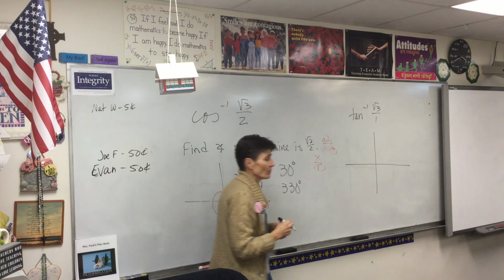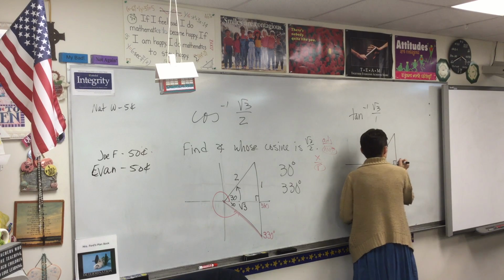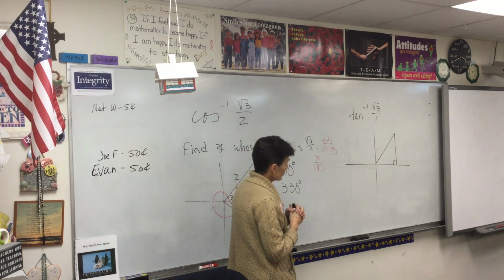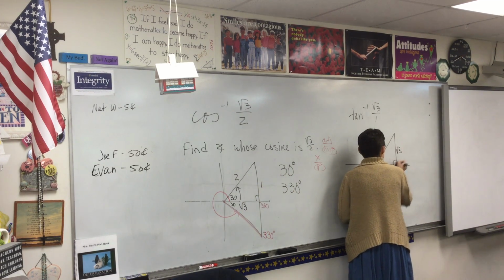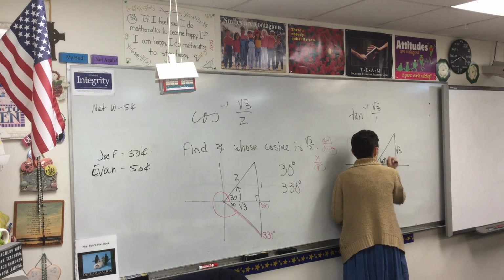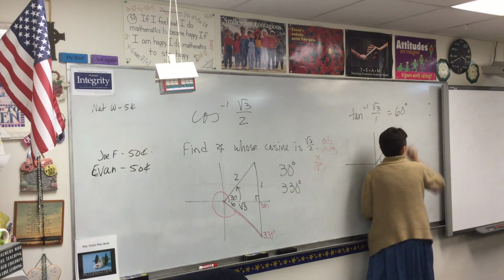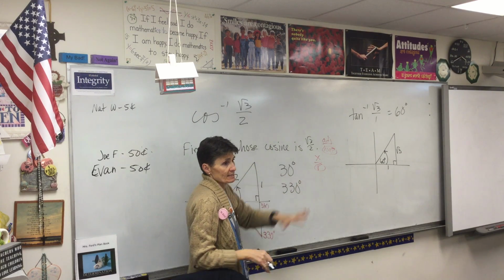Yep. So whenever I have a positive, I'm going to start in quadrant 1 because everything's positive in quadrant 1. And you can go ahead and figure out your angle. Opposite is √3, adjacent is 1. That's a 60. So one of your answers is 60. Right there in quadrant 1. That part's easy.